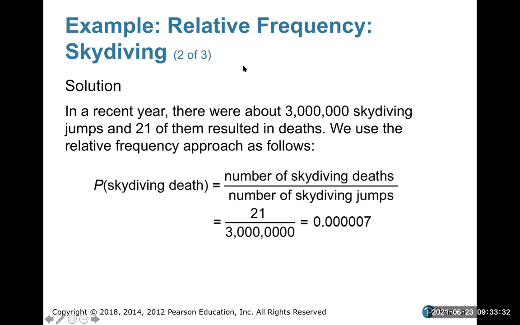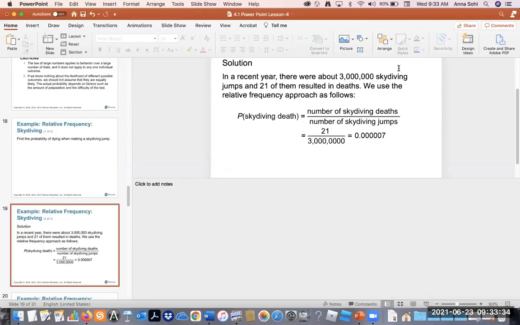So do you see, maybe your calculator gives something like this too. 7e negative 6.